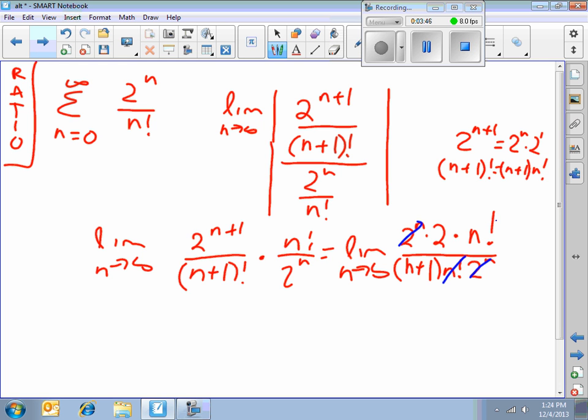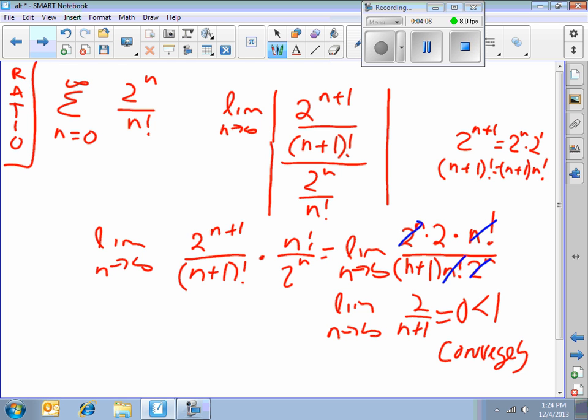The n factorials cancel out. And it leaves me with the limit as n approaches infinity of 2 on top over n plus 1 on bottom, and we know that that's heading to 0. 0 is a number less than 1, and our test said if it was less than 1, we can now say it converges. So we know that this one indeed converges.